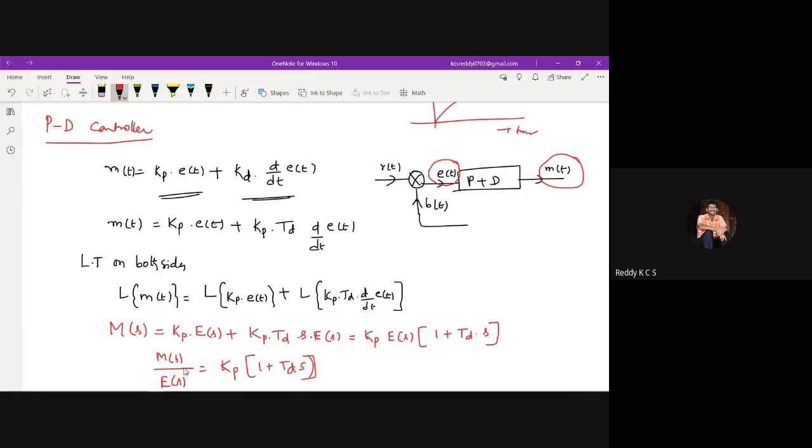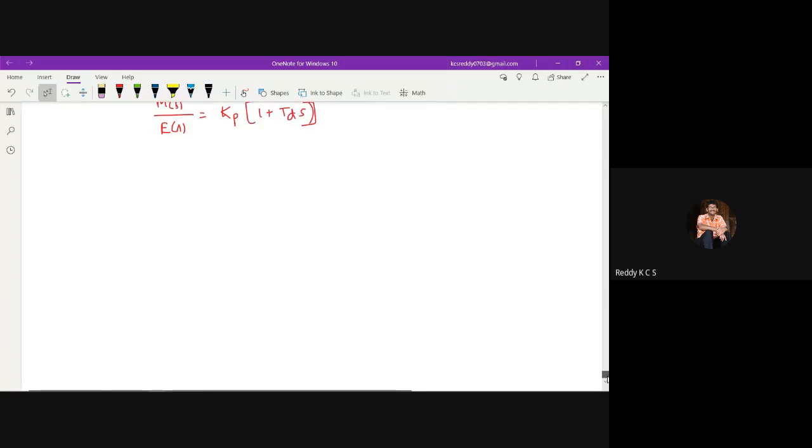Next we will talk about one more controller, that is the PID controller. But before that, I'll discuss the characteristics of the proportional and derivative controller. Mainly, the proportional and derivative combination will improve the damping.